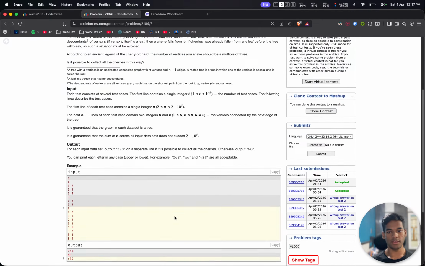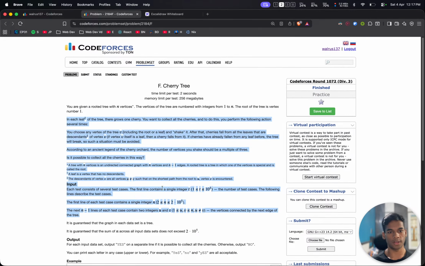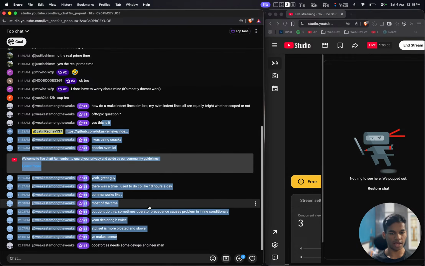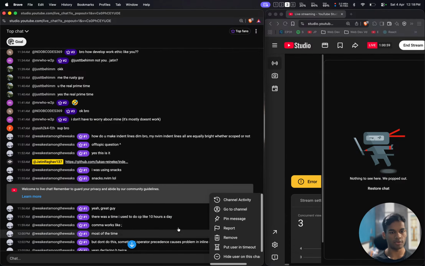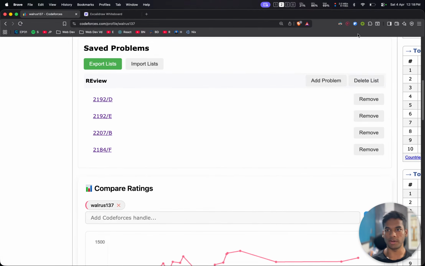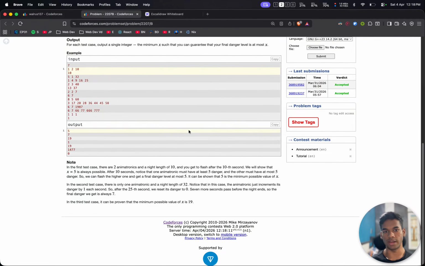Okay, cherry tree, we did this. After some time, we were able to do this. Cool. Now, if there is some recommended problem that we should do, like if there is some specific problem that you would like to suggest, we can do that, or we can spend 1 more hour solving one of these. Okay, we did this one also, One Night at Freddy's.